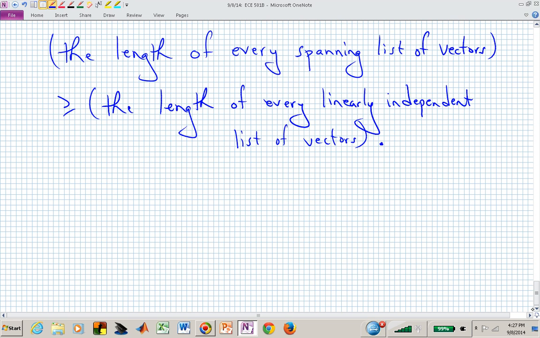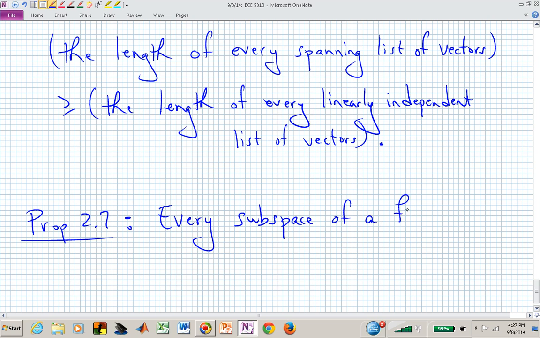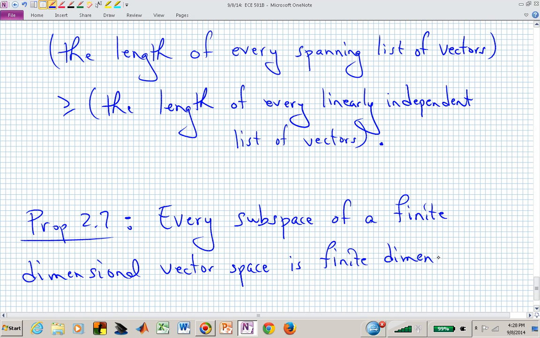The second result is proposition 2.7, and this says that every subspace of a finite dimensional vector space is, maybe the obvious, finite dimensional.